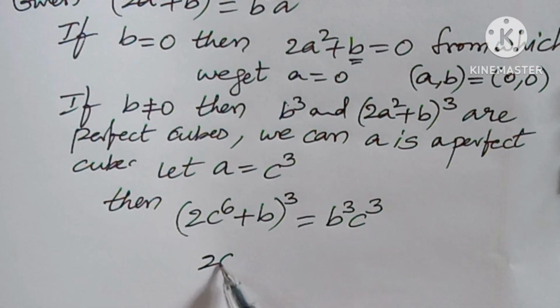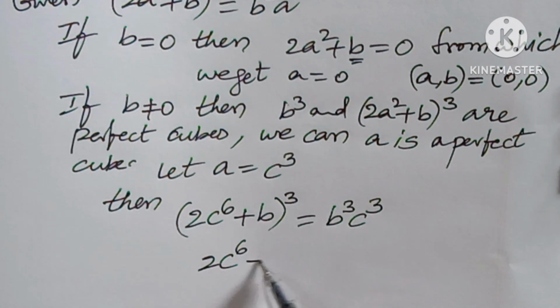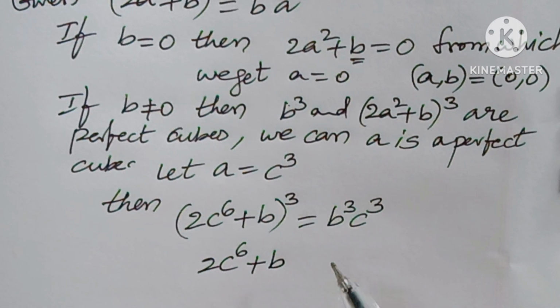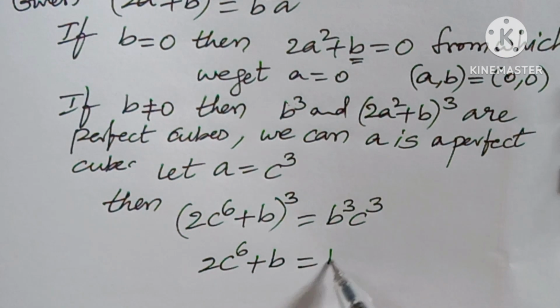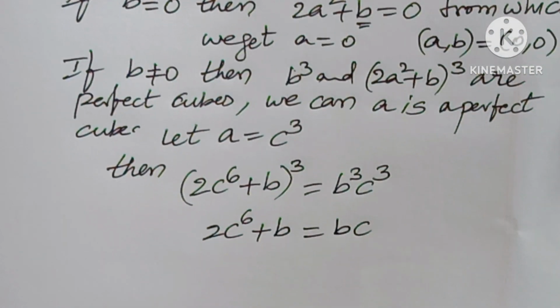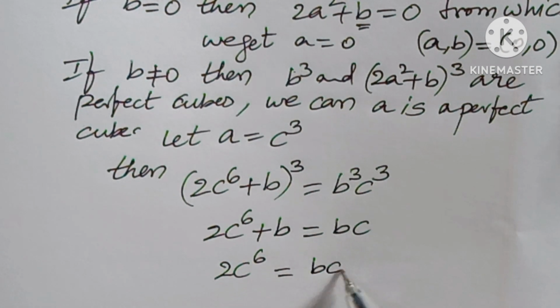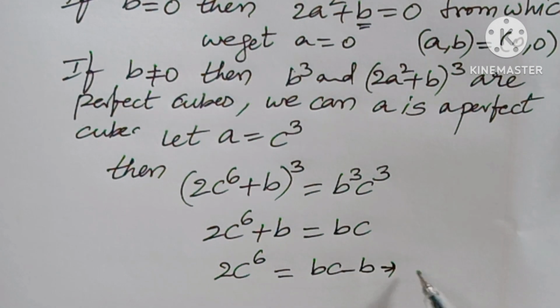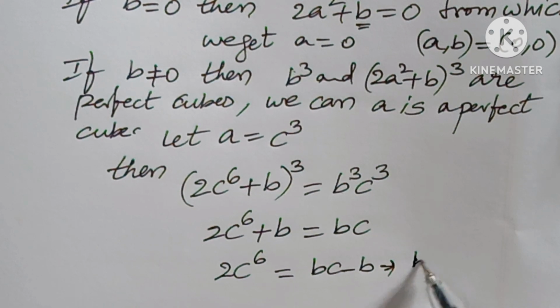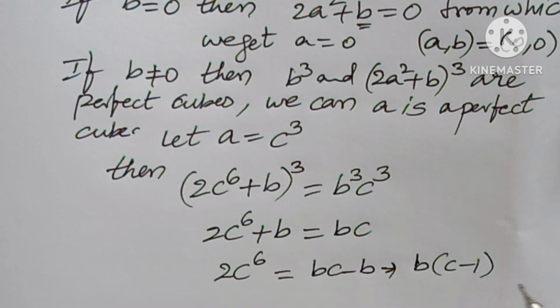Now, if you remove the cube on both sides, 2c⁶ + b is equal to bc. So 2c⁶ is equal to bc minus b. This can be written as b times (c minus 1).